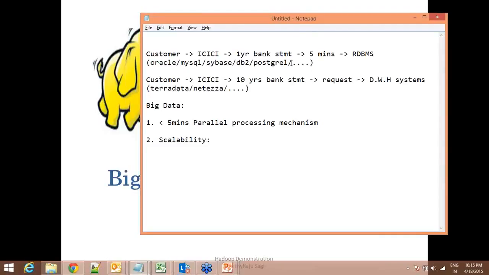These systems have storage limitations. If you take Oracle, MySQL, any database server, they have a certain limit on how much data they can handle. For example, a high-end Oracle database server can store a maximum of 16 terabytes of data.